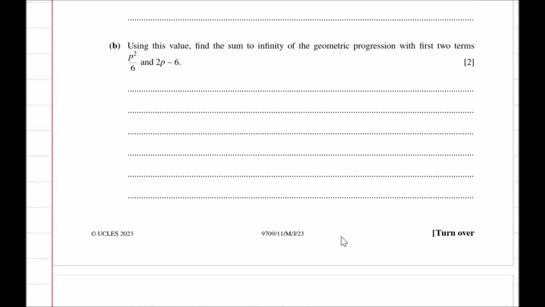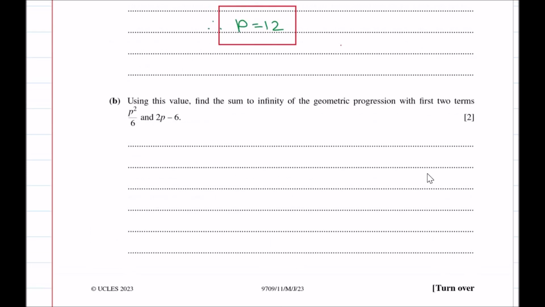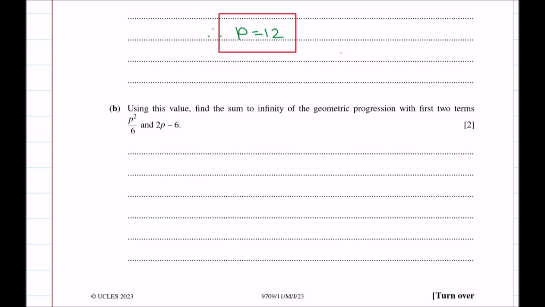Next, using this value, find the sum to infinity of the geometric progression with first two terms p square by 6 and 2p minus 6. So as we got p equal to 12, you can see here above.